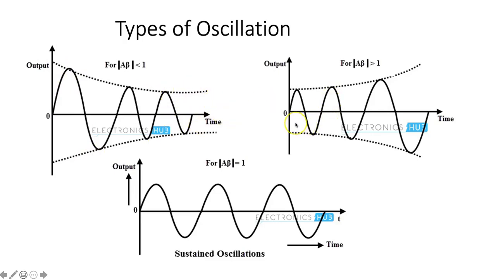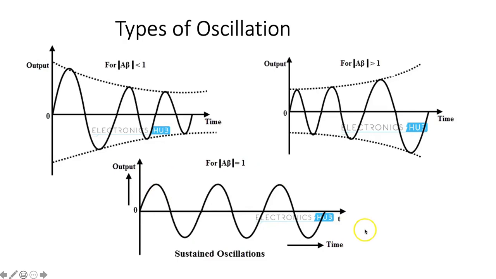In the second one, when A beta is greater than 1, initially you have low oscillation and then it increases. These two are not sustained oscillation. You get sustained oscillation only when A beta is equal to 1, which is called the Barkhausen criterion. Then you get sustained periodic oscillation.